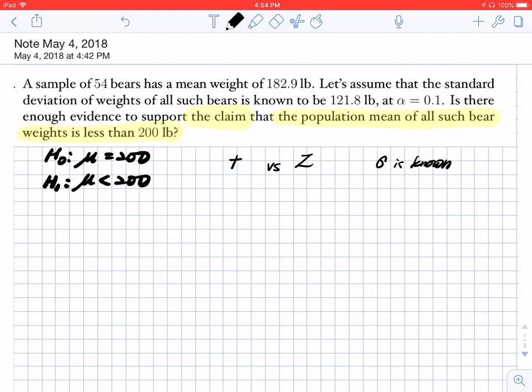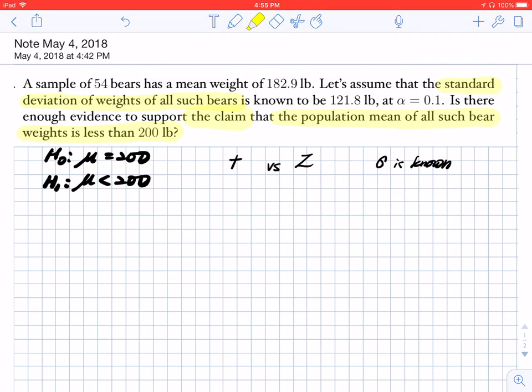So let's look one more time at the question. On the second line, it says, let's assume that the standard deviation of weights of all such bears is 121.8. How can we interpret this? The standard deviation of weights of all such bears: all means what?